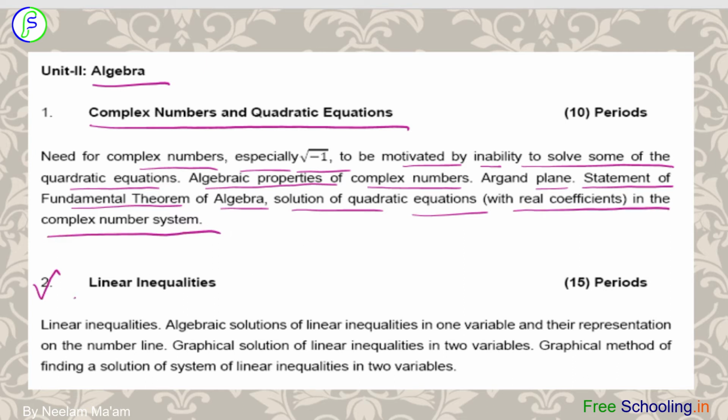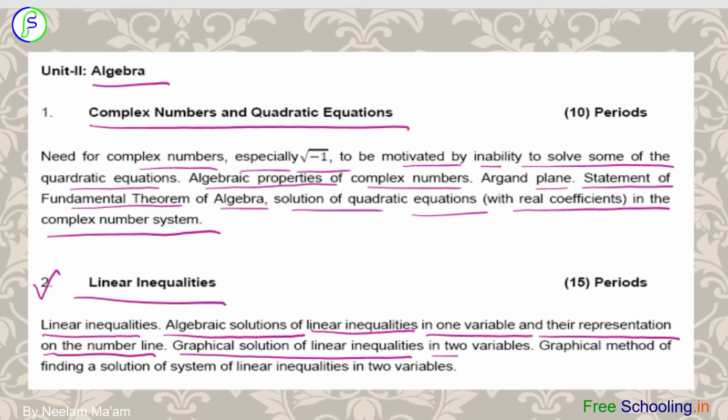In Chapter 2 you will study linear inequalities. Here you will study algebraic solution of linear inequalities in one variable and their representation on the number line, graphical solution of linear inequalities in two variables, and the graphical method of finding a solution of a system of linear inequalities in two variables.